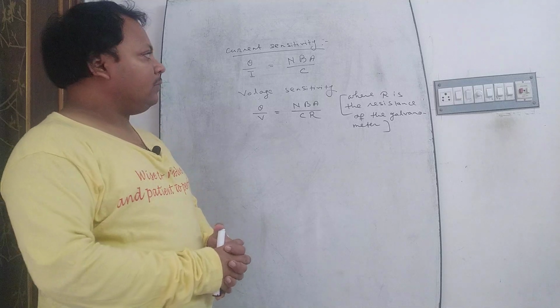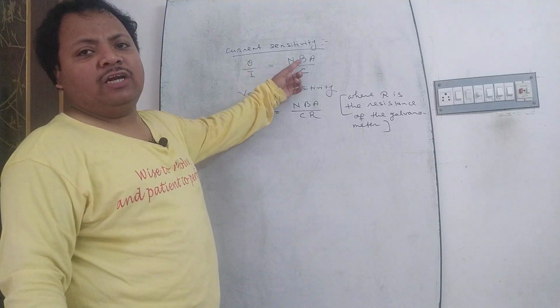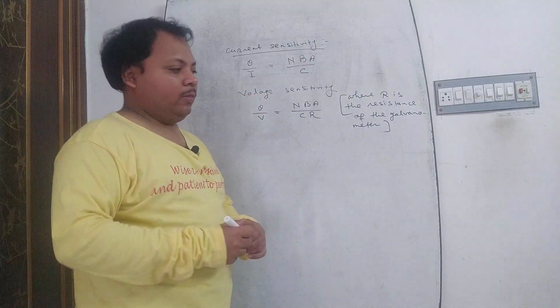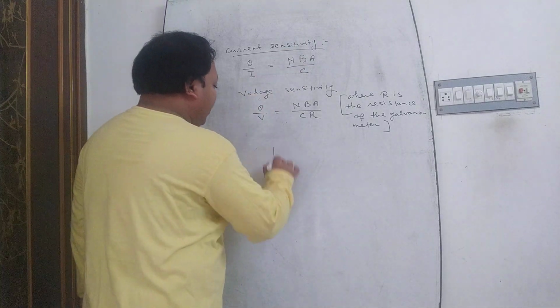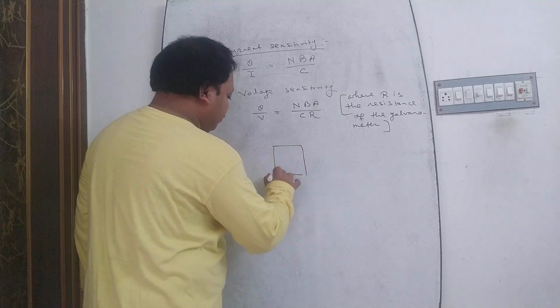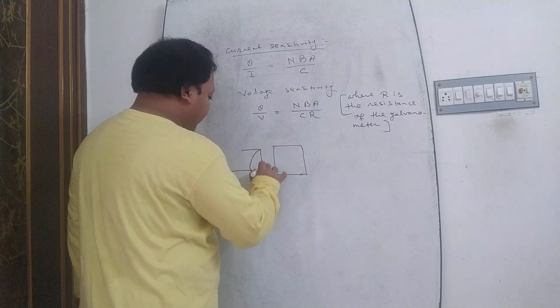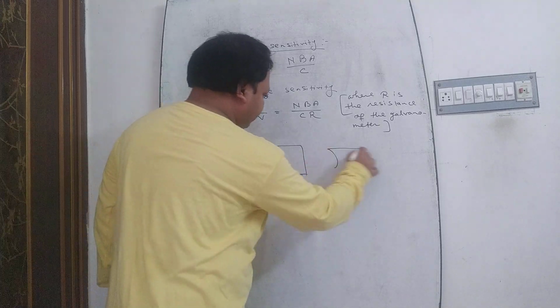To increase the magnetic field capital B, this coil is placed between two strong magnets.